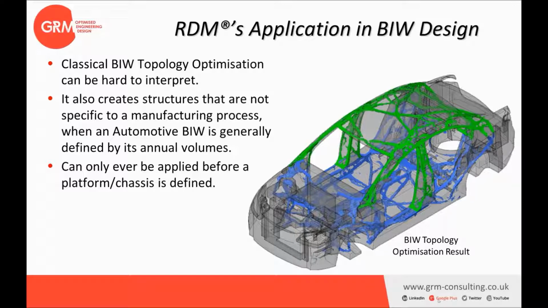It also has some package limitations, and you never really work from a blank page. So usually most of the sections are carryover from the previous vehicle. That's why topology optimization is not the most suitable solution here.